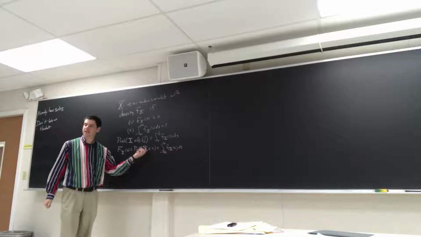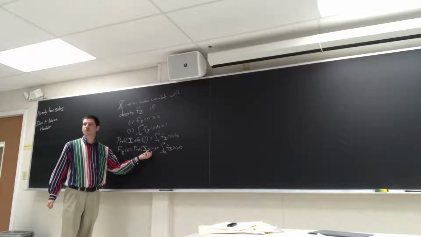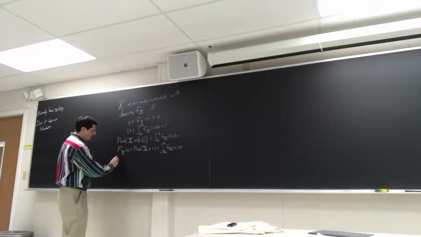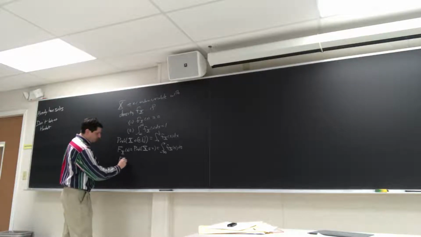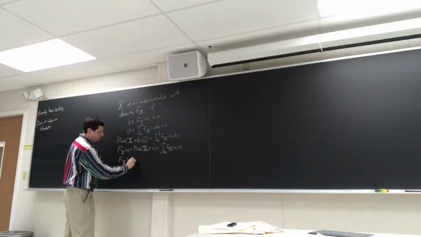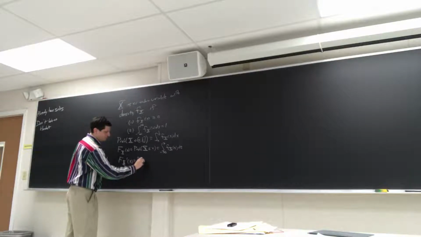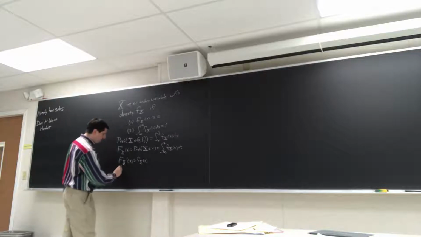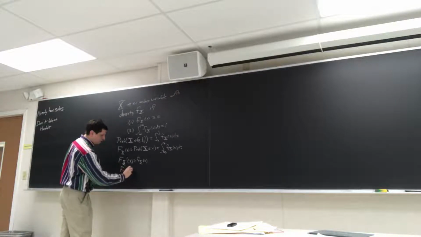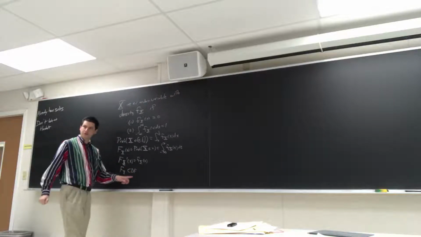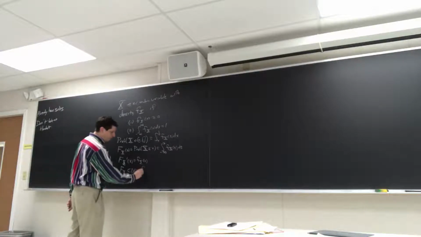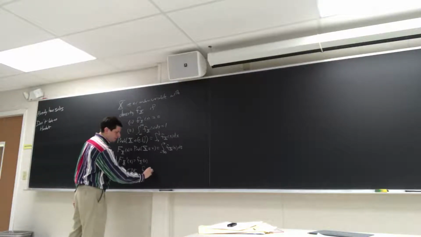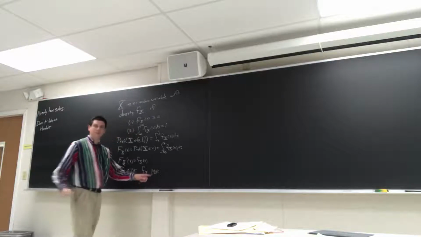So it's the probability I take on a value no larger than little x. Well, by the fundamental theorem of calculus, the derivative of this is just my density function. So they often call big F the CDF, the cumulative distribution function, and we often call little f of x the PDF, the probability density function.